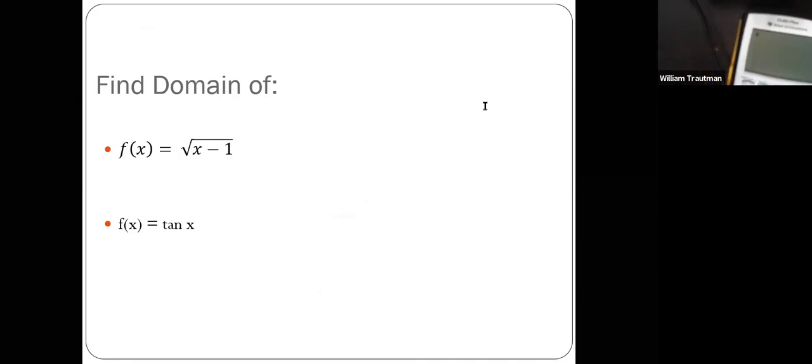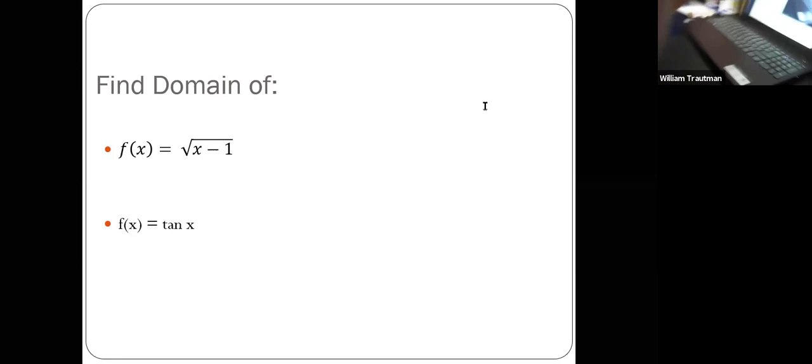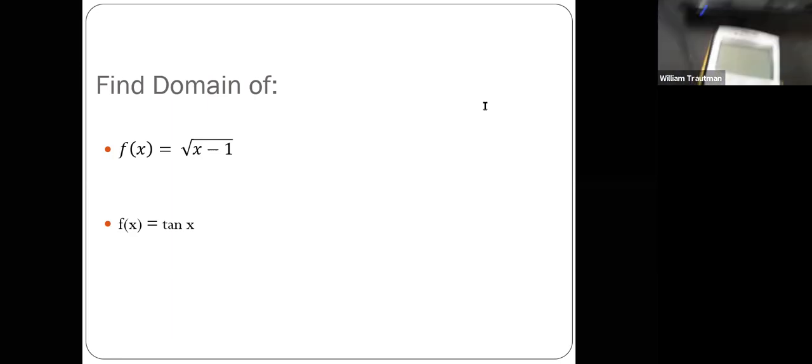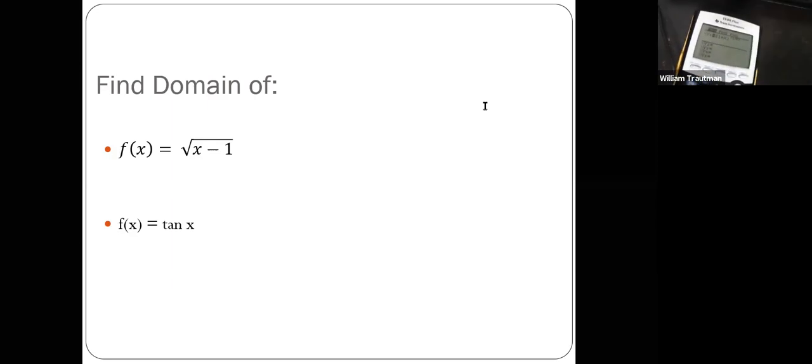So I'm going to put in the function tangent of x. Y equals, there we go. If you've never used a TI-84, hopefully most of you have, y equals, and I'm going to type in the tangent of x. There's the x button, and then close that parentheses.